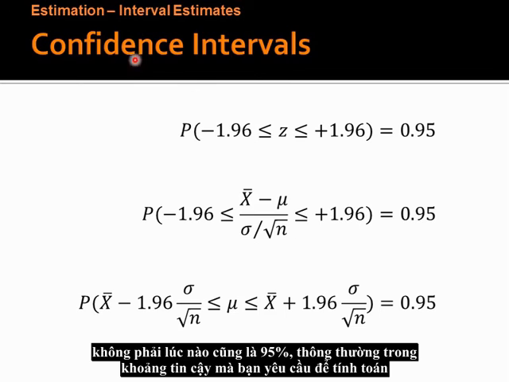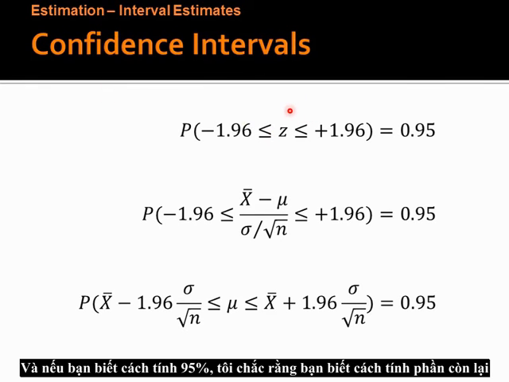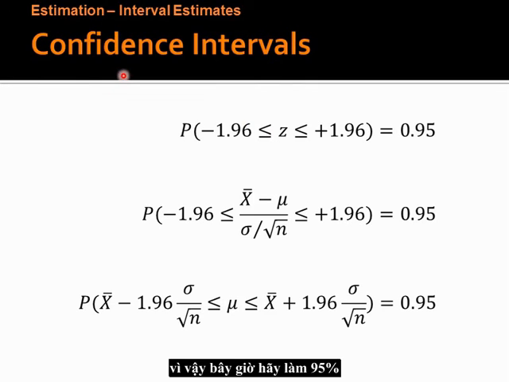Now it doesn't have to be 95%. Usually you're asked to calculate the 95% confidence interval, but it could be 90, it could be 99. And if you know how to calculate the 95% one, I'm sure you know how to calculate the rest. But let's stick with 95% for now.